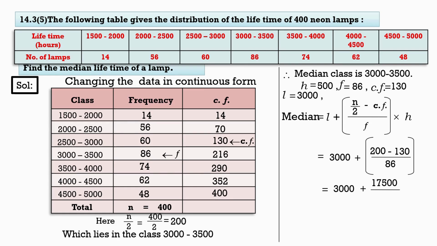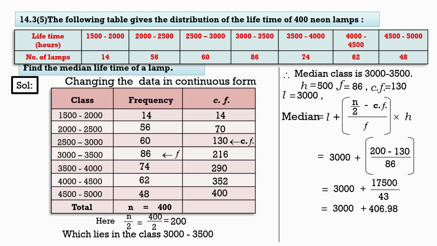Now if you multiply, 70 into 500 is 35,000. Now 35,000 by 86, if we do simplification, it will come 17,500 by 43.